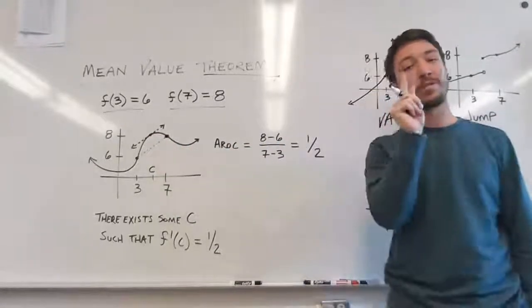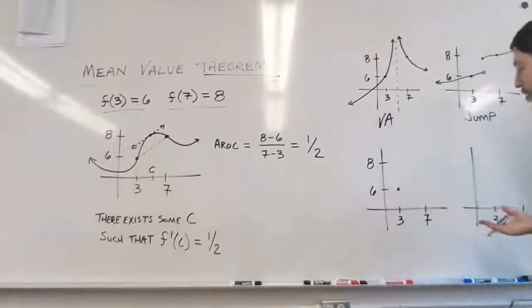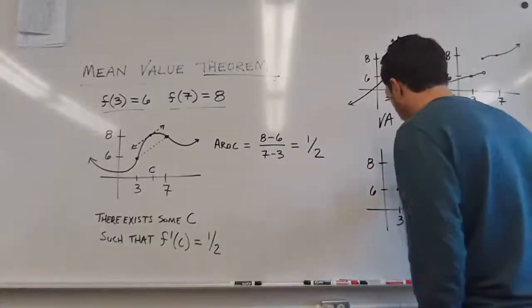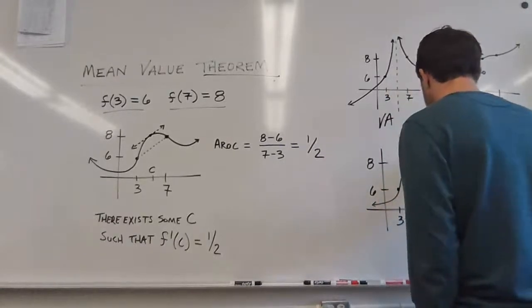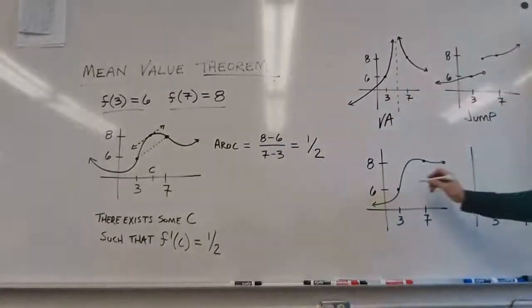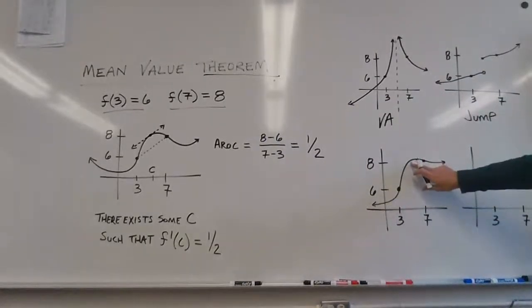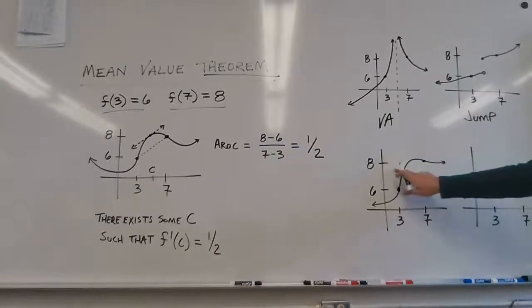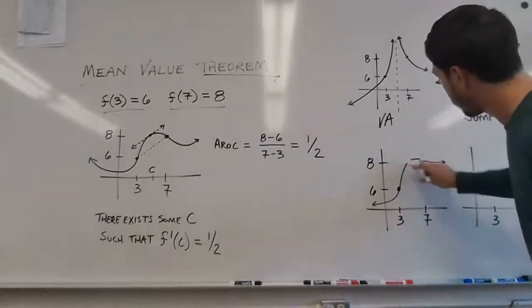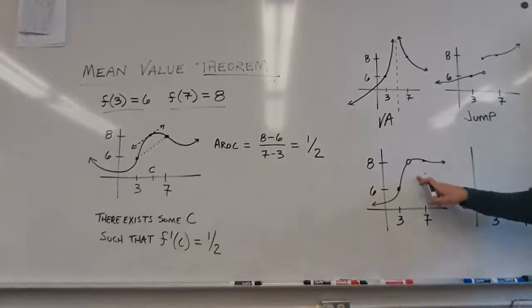If there was that one special C value and you just replace that point with a hole, that would technically ruin the theorem. So the way I drew this one, suppose it's going to have a spot right around here. The tangent line would be parallel to the average rate of change. So if we just put a hole there at where the C value would have been, that's key. That's where C would have been.